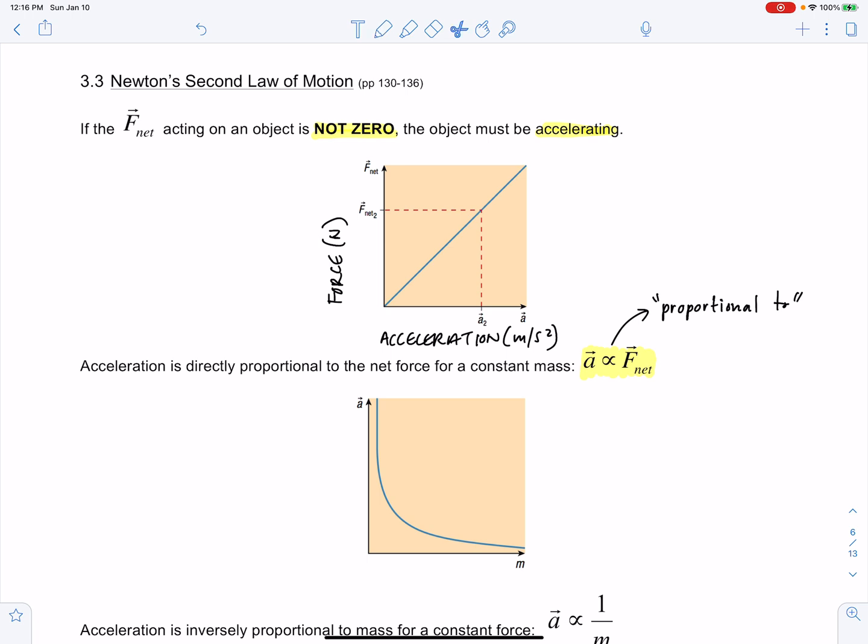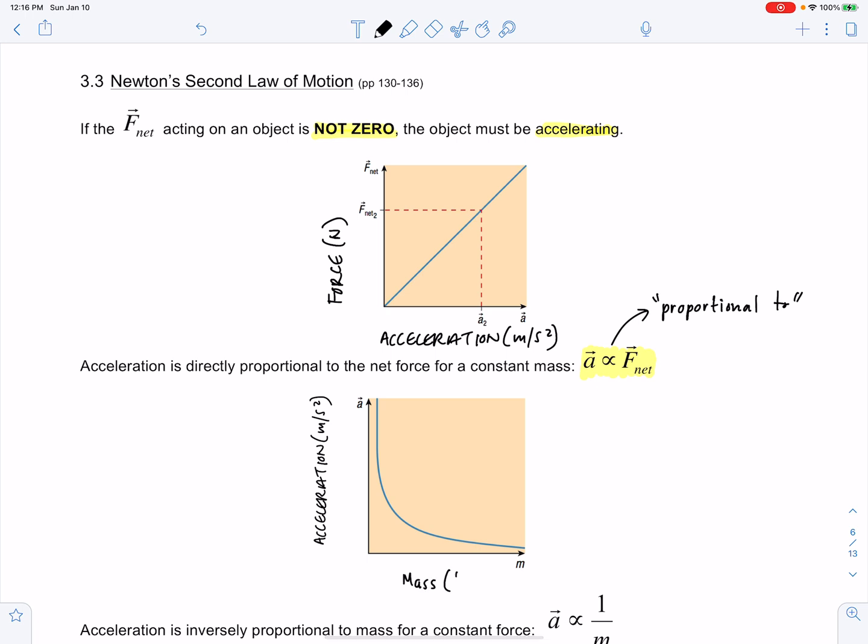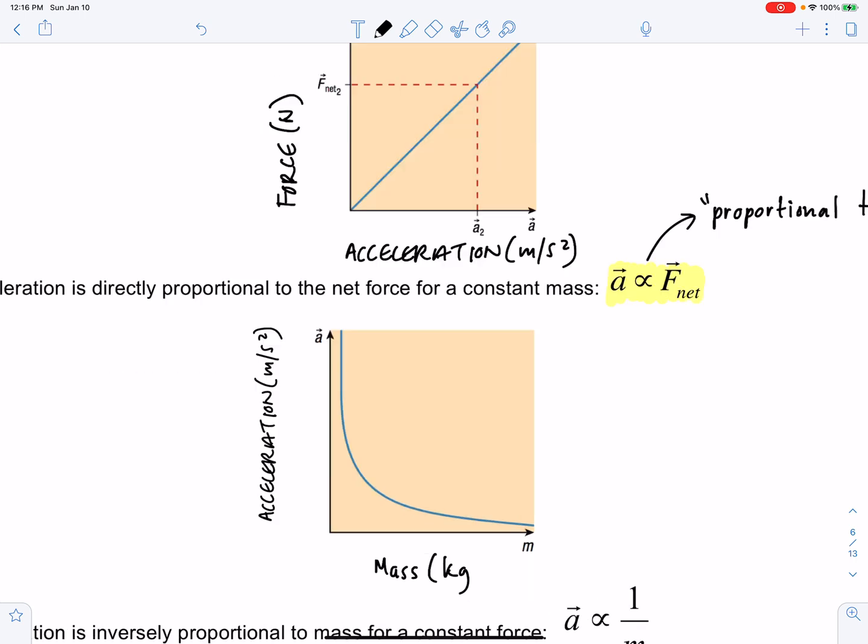Now we can take a different graph, this one showing acceleration on the y-axis and mass in kilograms on the x-axis. And we can see this unique relationship.